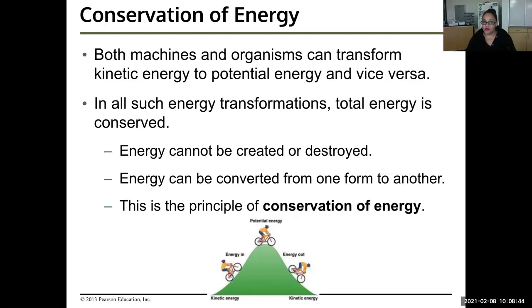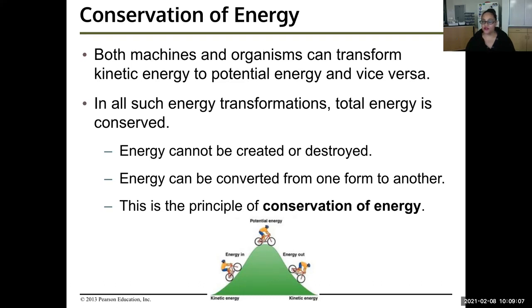Conservation of energy. So both machines and organisms can transform kinetic energy to potential energy and vice versa. In all such energy transformations, the total energy is conserved. Energy cannot be created or destroyed. This is a law of thermodynamics, a scientific law.